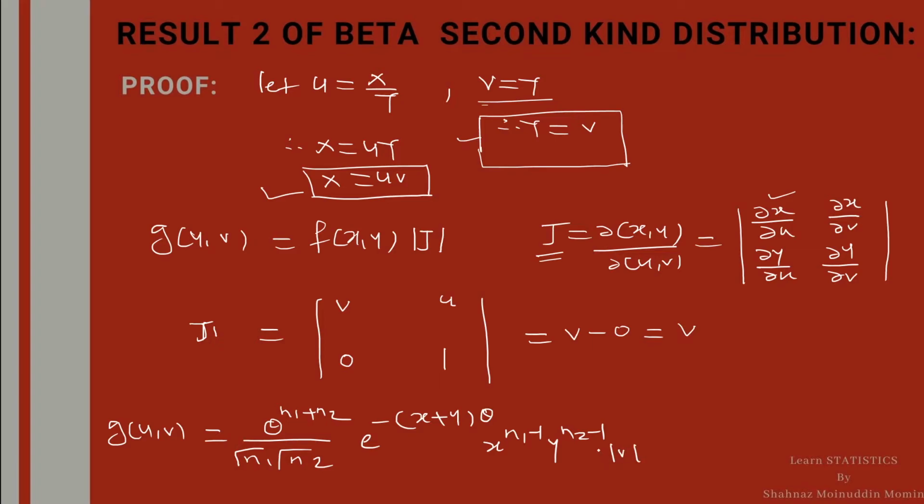Since v is a gamma variate and takes values from 0 to infinity, the absolute value of v is nothing but v itself. Now in the next step we will substitute the values of x and y in terms of u and v in order to get the joint PDF of u and v.